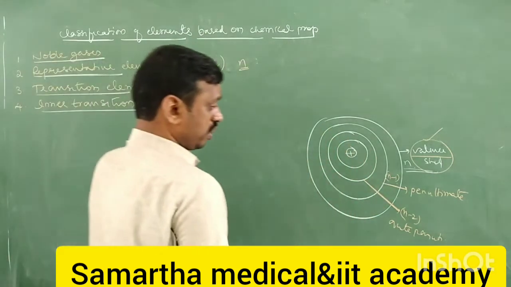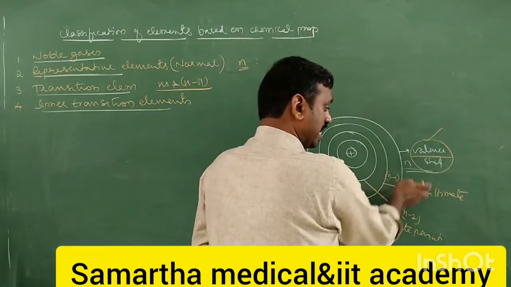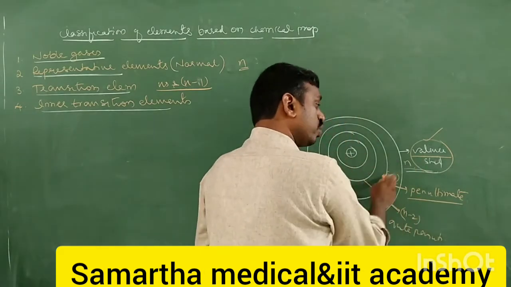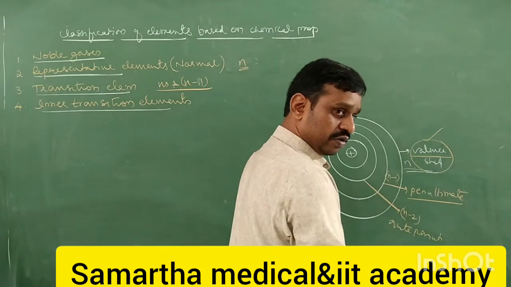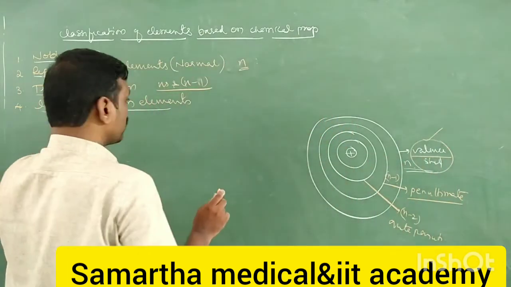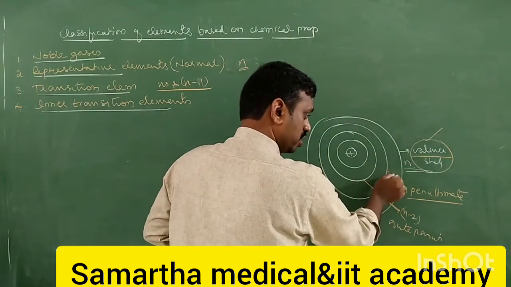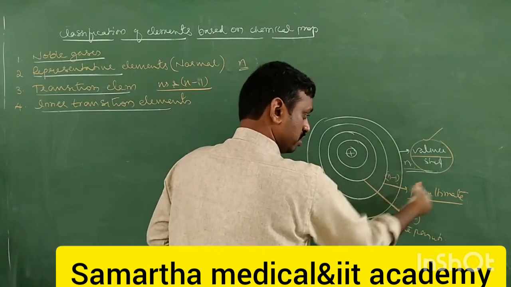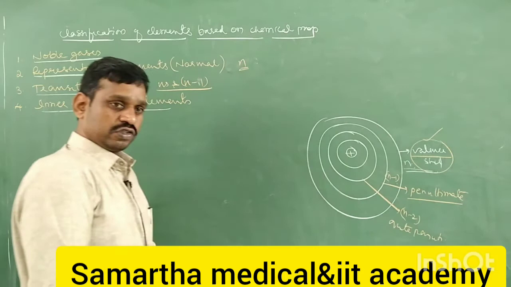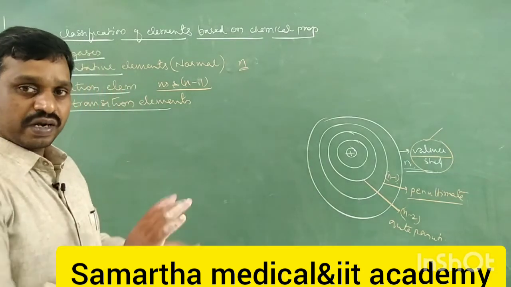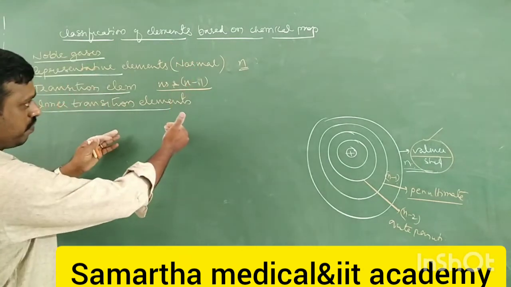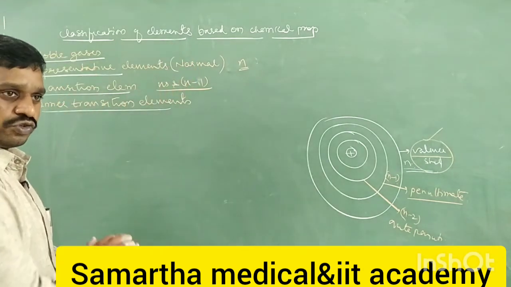In transition elements, the valency shell as well as the n minus 1 penultimate subshell, these two sets of electrons are involved in chemical reactions. Whereas in inner transition elements, the n minus 1 and n minus 2 subshells, all three subshell electrons are involved in chemical reactions. Then they have general electronic configurations, as usual.